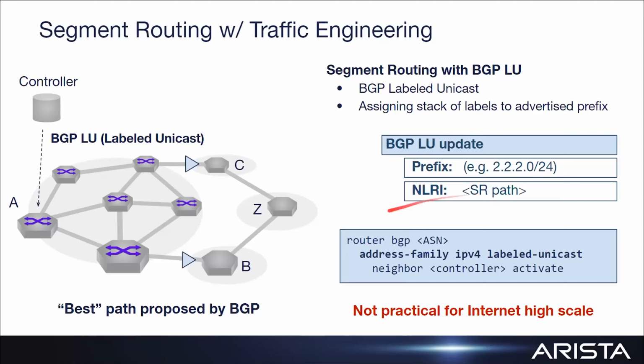Thus, after programming our routing table and FIB, for every packet destined to this prefix, we add a label stack and the job's done. Although, because the SR path is assigned per prefix, it is not really practical for high internet scale, where we have hundreds of thousands of prefixes.